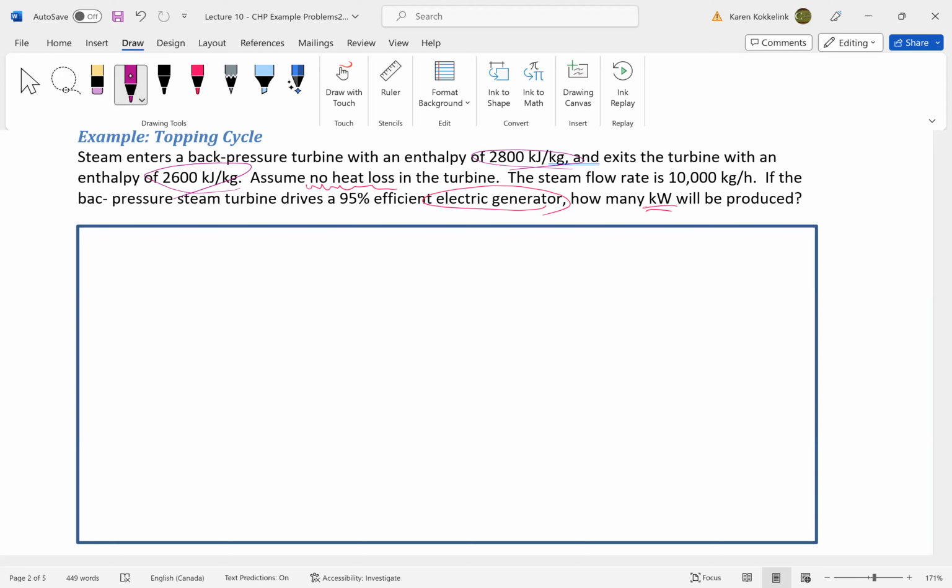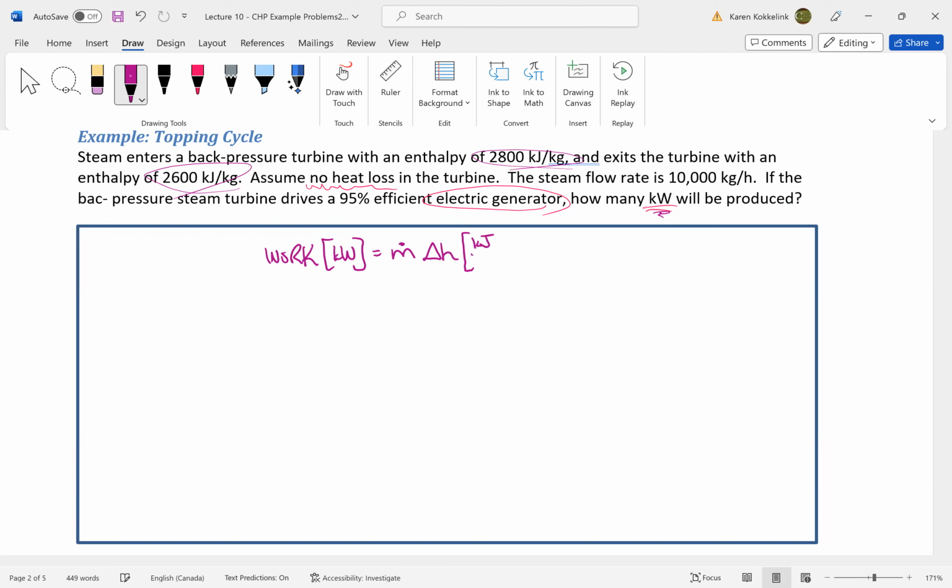So the work produced, well, I'm asking right here for kilowatts. This work energy, measured in kilowatts, would be that mass flow rate into and out of this turbine times the change in enthalpy as we went across that turbine, assuming none of it was lost to heat.